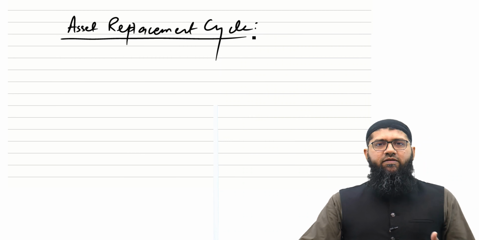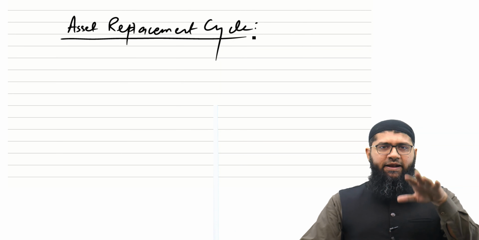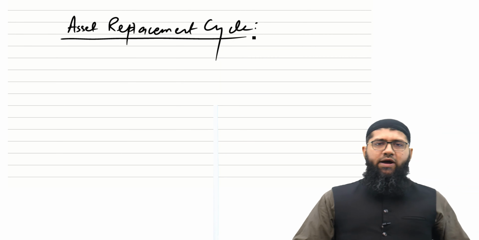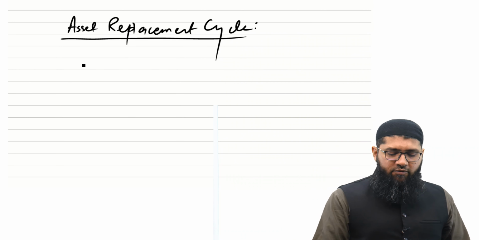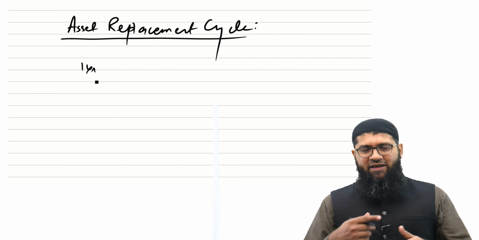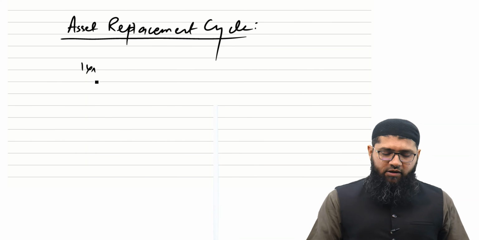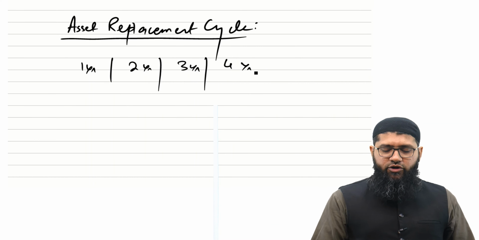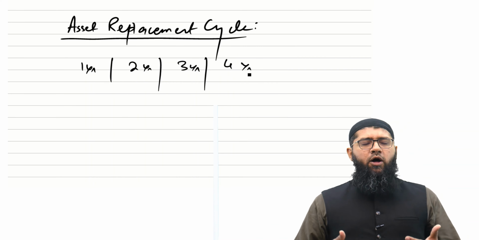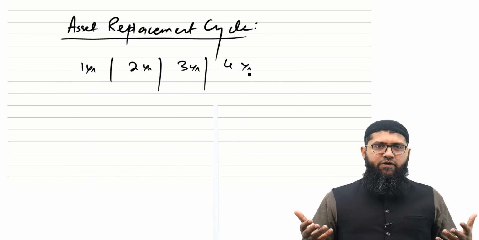The older it gets, the residual value keeps declining. So as an entity, you have to decide what should be your replacement cycle, whether you should replace your old asset with a new asset every year, every 2 years, every 3 years, or every 4 years, depending upon what is feasible for you as an entity.